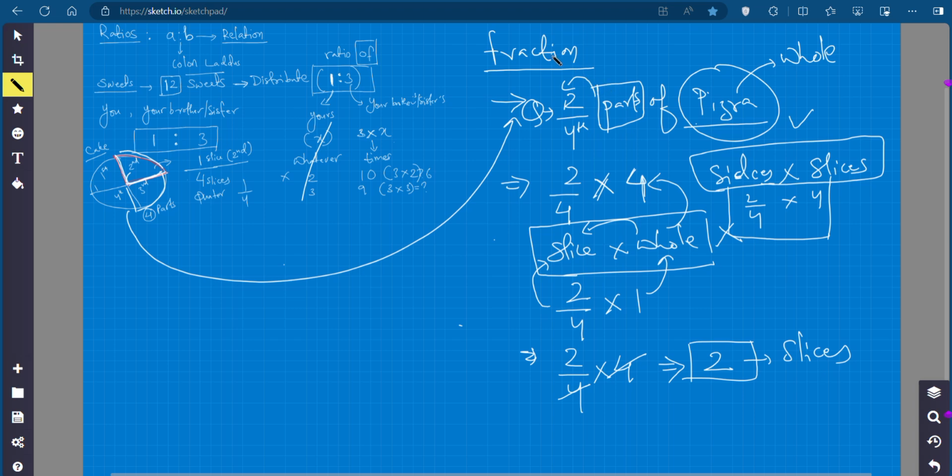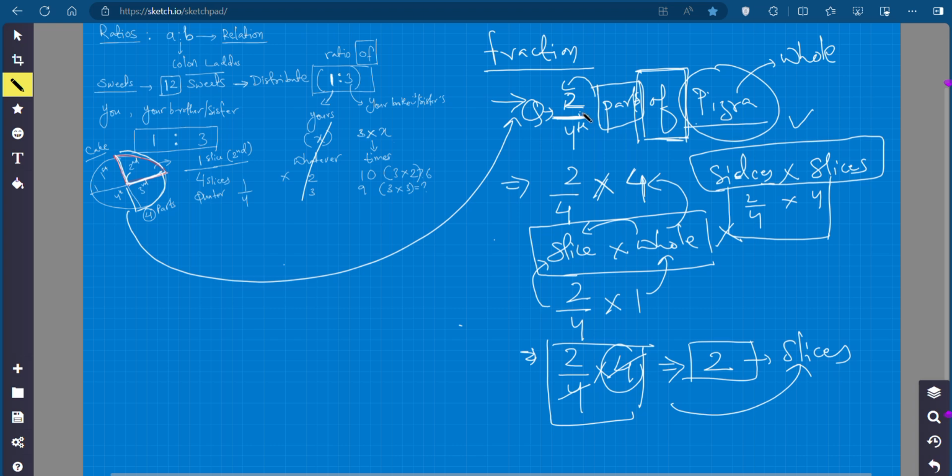But why did I explain fractions here? Because this part was important to understand. Whenever you see a fraction here, this is a line. This is why I'm calling it a fraction, not a ratio. Whenever you have a fraction present and someone asks you to find of something, of whole, this is what we do: multiply with the whole and you will get the answer.